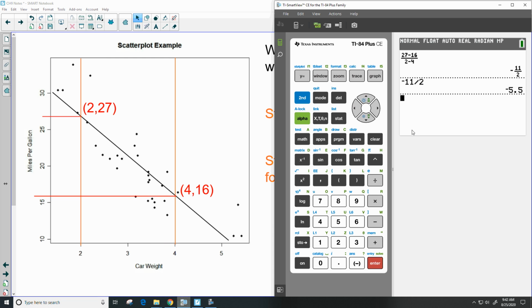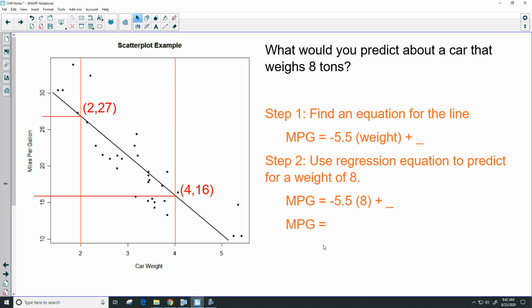And to find the y-intercept, I would have to use an equation, y minus y1 equals m times x minus x1. Actually, I'm going to do y equals mx plus b.